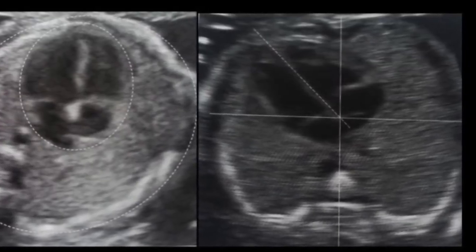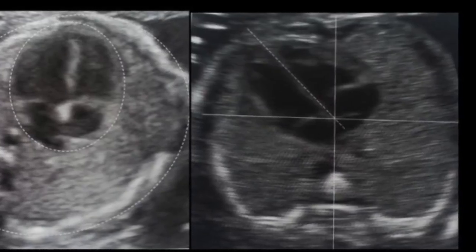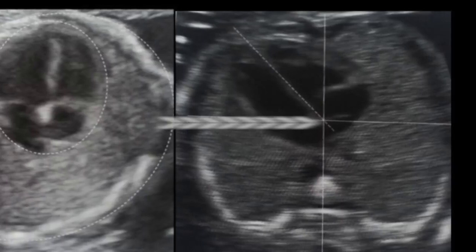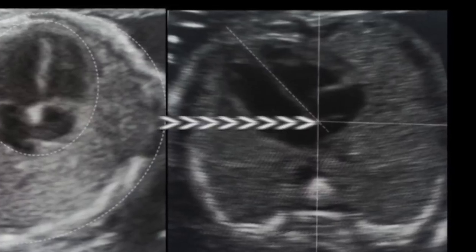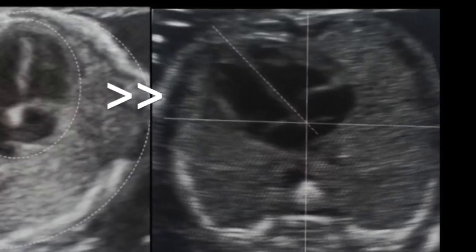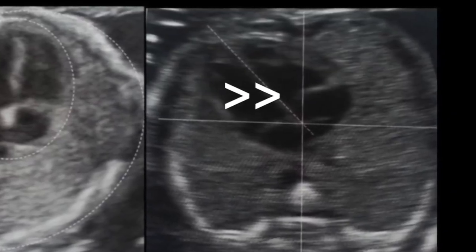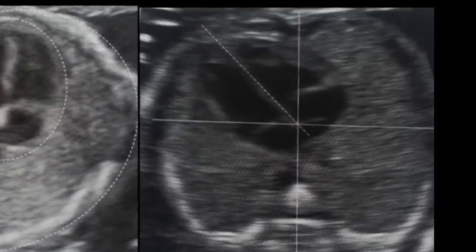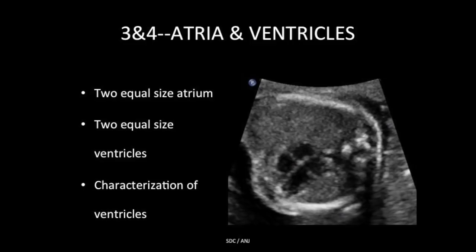So this is how you will analyze. The axis is drawn by taking a straight line from the spine to the sternum, and then you draw another line which is the interventricular septum, and this is the angle which you take. So this angle is usually 45 degrees.